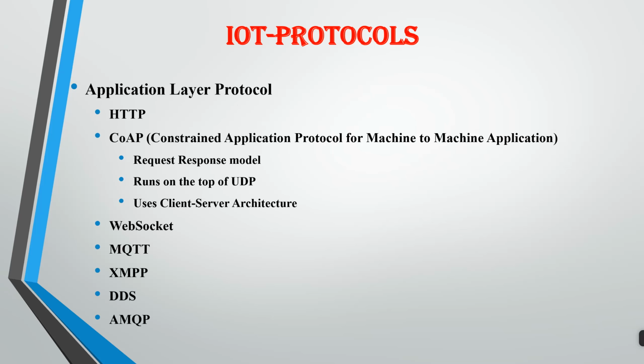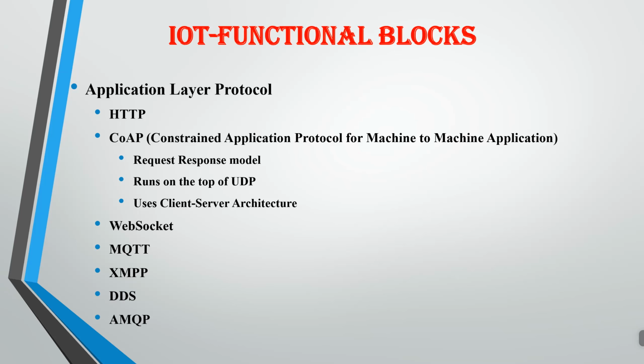For application layer protocols, we use HTTP, which is a common protocol. COAP, the Constrained Application Protocol for machine to machine applications, uses a request response model, runs on top of UDP, and uses client server architecture. We also use WebSocket, MQTT, XMPP, DDS, AMQP. These are all the higher level protocols which we use.